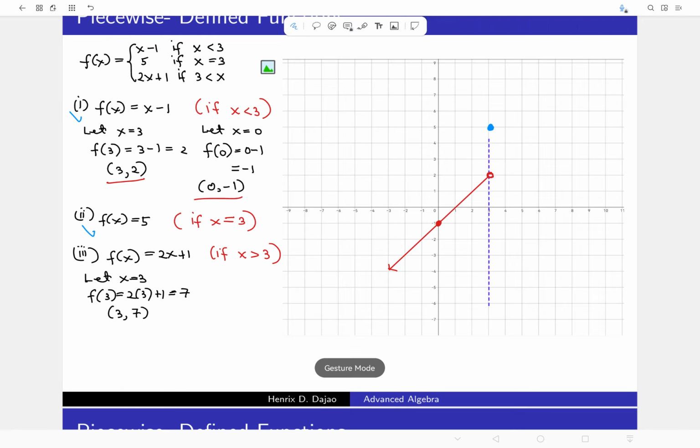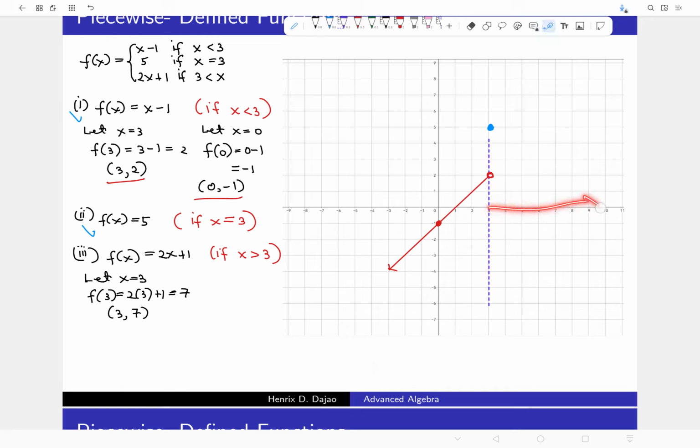Okay. Next is you pick any. Now, since this is the domain that we are only to consider, you're free now to pick any point. So let's say I pick 4 to make it simple. So I let x be equal to 4, since again 4 is greater than 3.